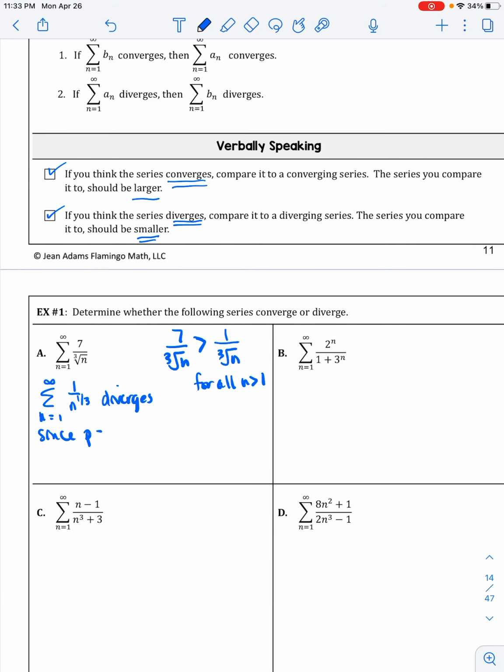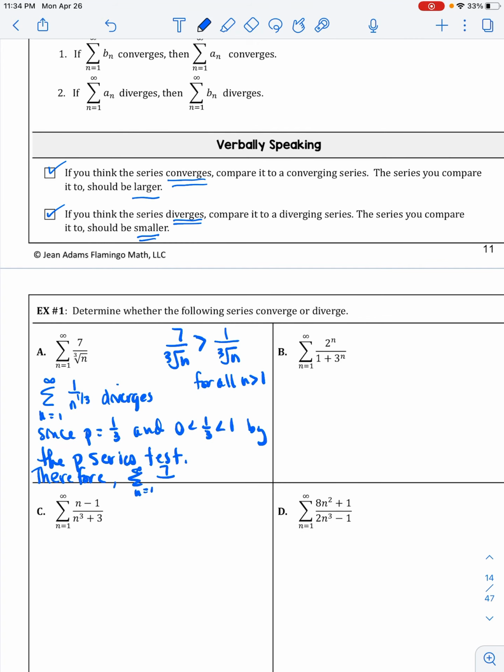This is a p-series, and it diverges since p equals 1/3, and 1/3 is between 0 and 1. It diverges by the p-series test. Remember, if p equals 1 or if it's between 0 and 1, the p-series test says it diverges.